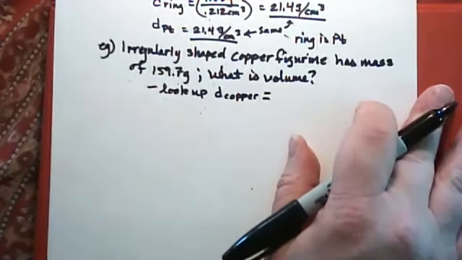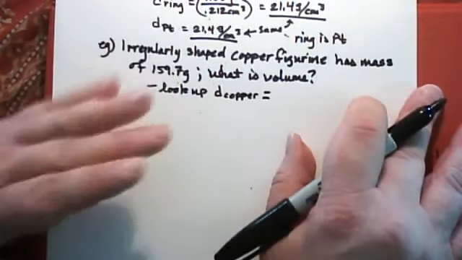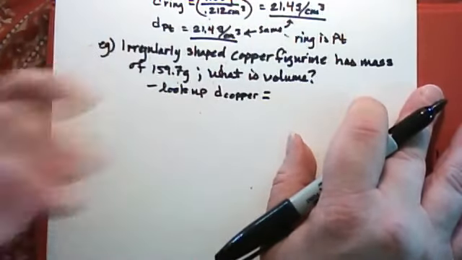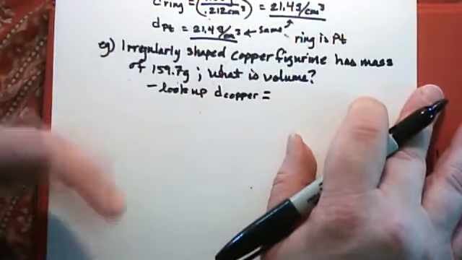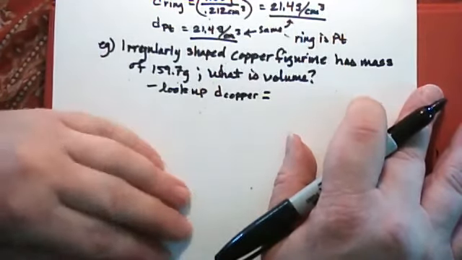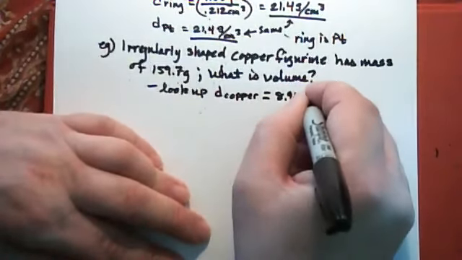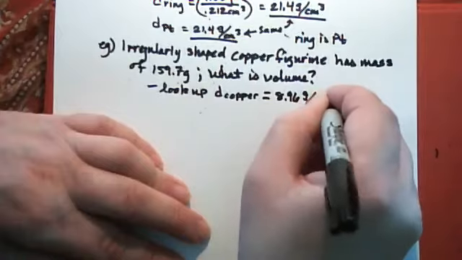The first thing you'd want to do is look up the density of copper. This is assuming that the statue or figurine is pure copper. It's in practice probably an alloy with something else, but let's pretend that it's pure copper. And the density of pure copper is 8.96 grams per cubic centimeter.